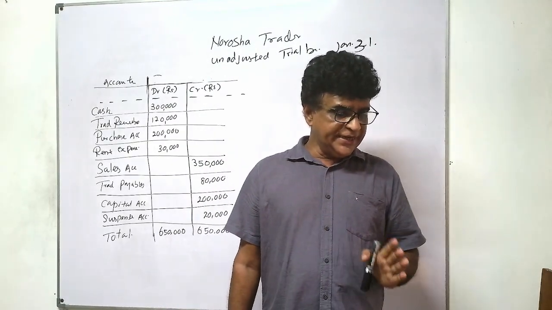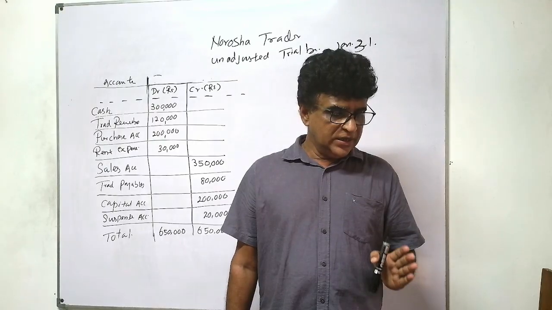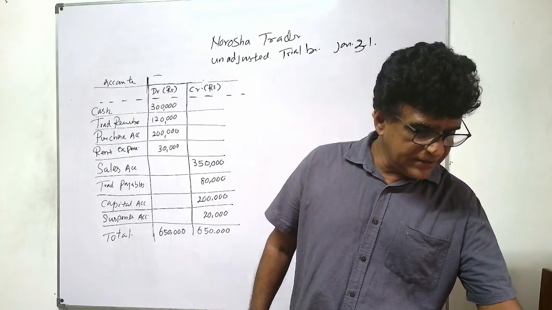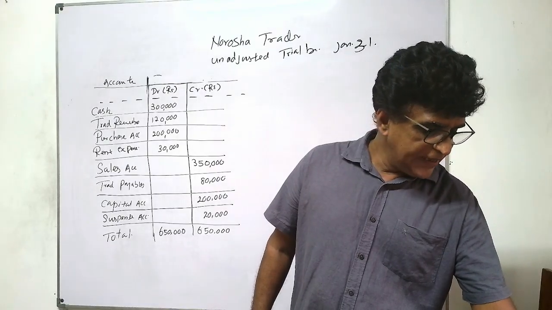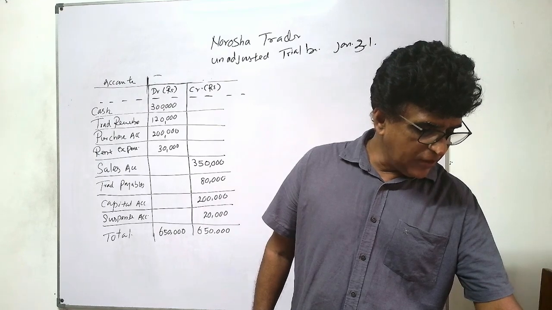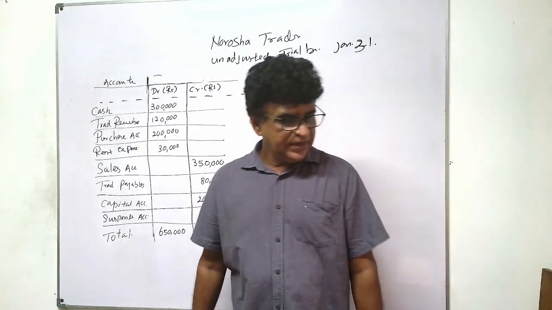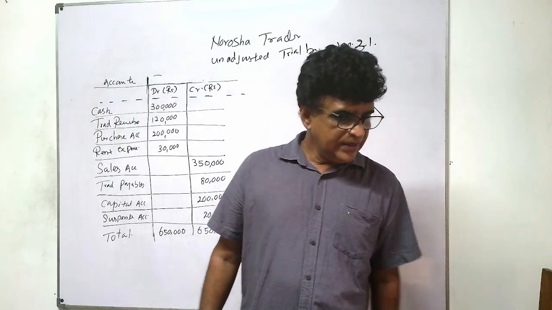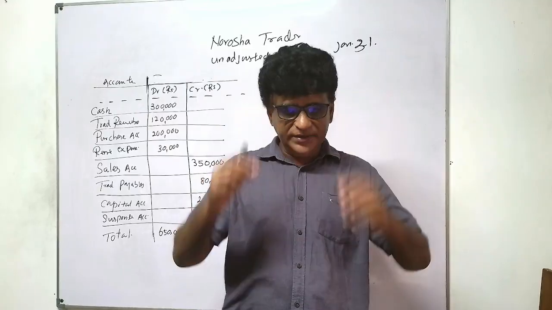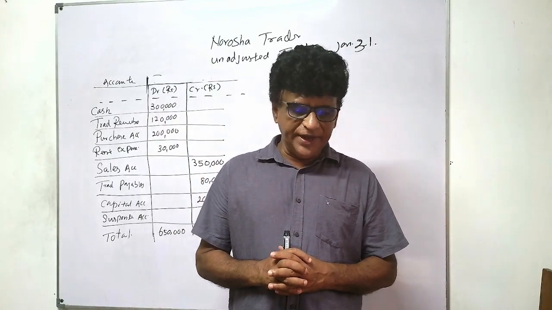A credit sale of 50,000 was correctly debited in the receivables account, but credited to the sales account only 30,000. There was a 20,000 rupees variance.